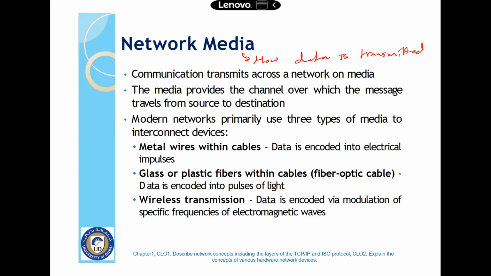Communication transmits across the network on media. The media provides the channel over which the message travels from source to destination. In modern networks, we have metal wires within cables, glass or plastic fibers within cables, that's the fiber optics, and we have the wireless. Again, we have a dedicated chapter for this topic only.